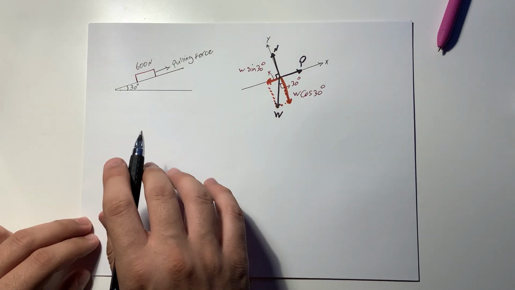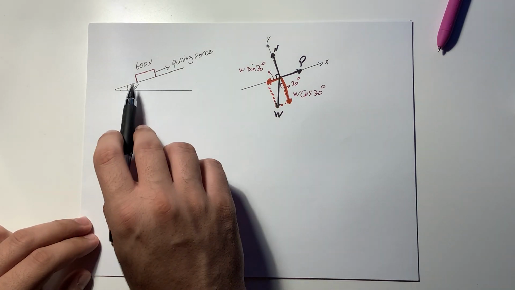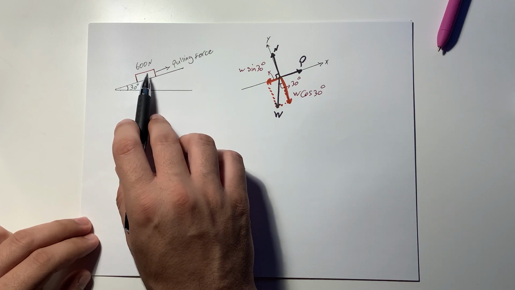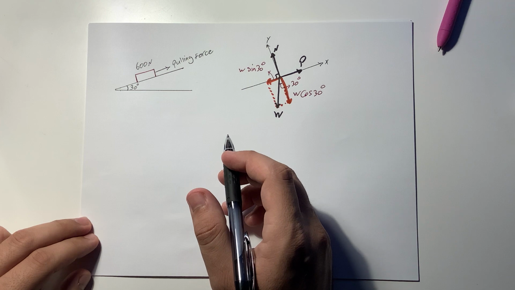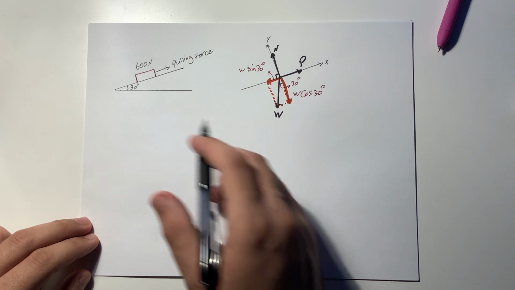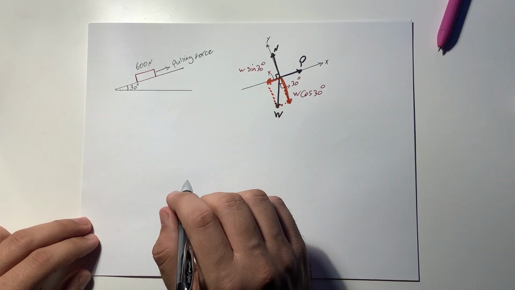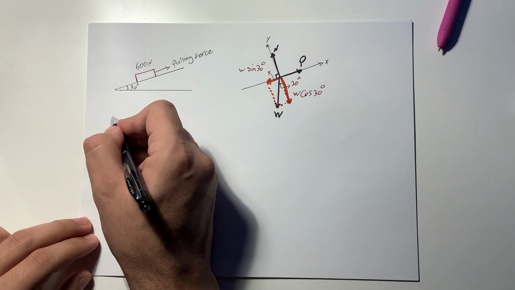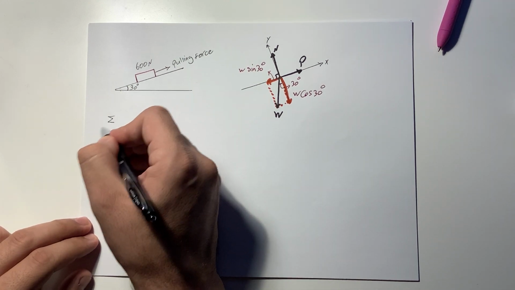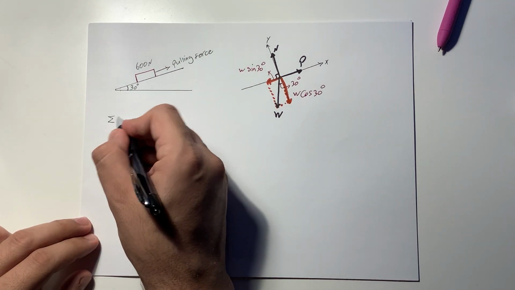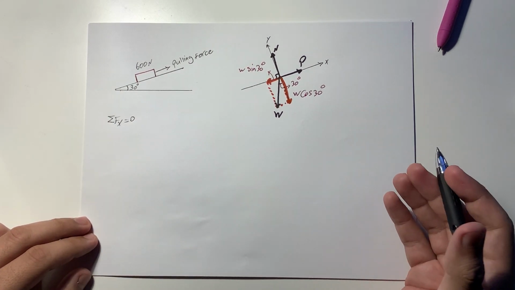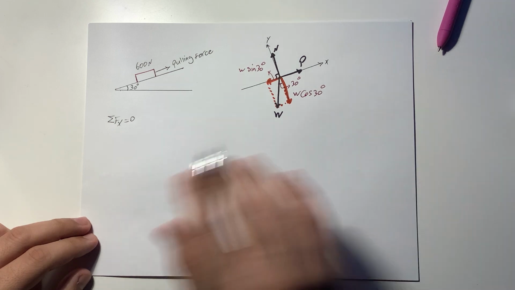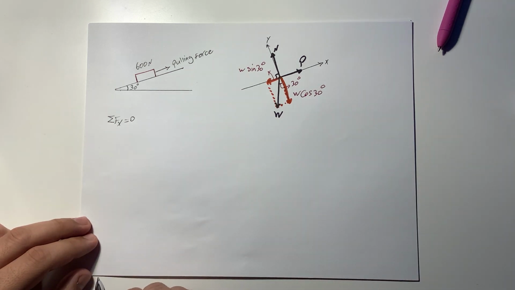At the very beginning I said this object is being pulled up at a constant speed, and we can say that the whole system is in translational equilibrium based on that. For a system which is in translational equilibrium, the sum of all the forces in the x direction has to be equal to 0. So what do we have in the x direction?